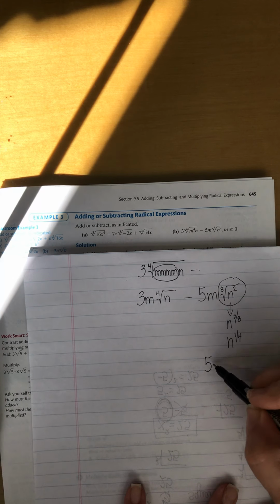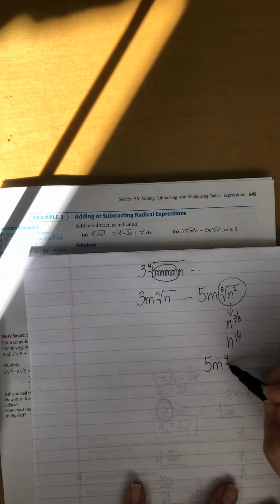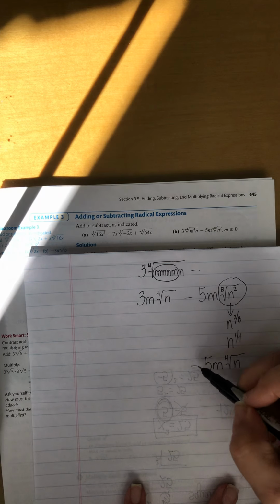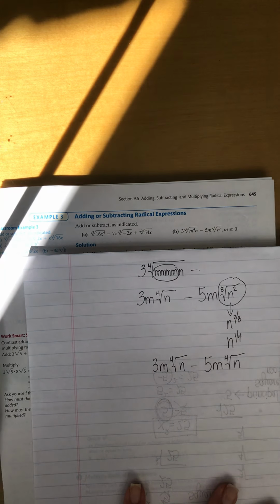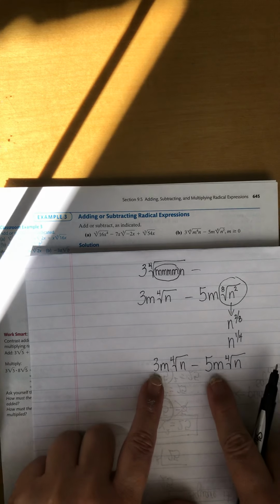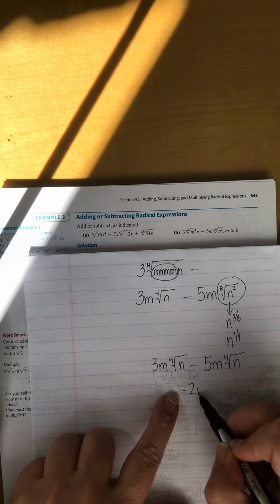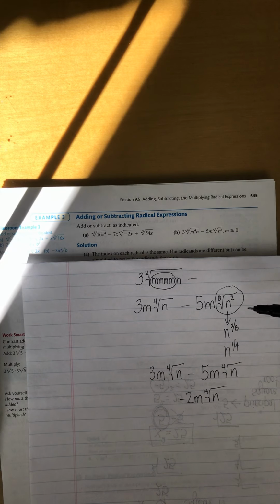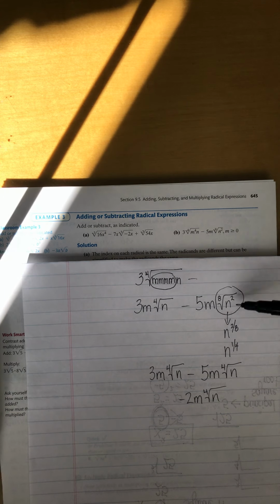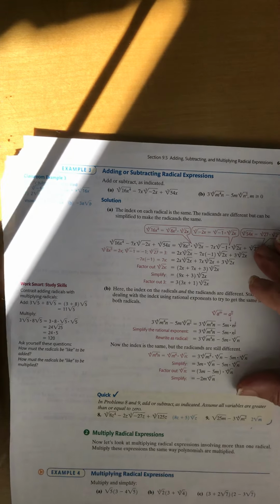So we have 5m, fourth root of n, and now I can simplify these two. You get negative 2m, fourth root of n. So if you turn this into a radical, 2 over 8, you can reduce it to 1/4. So that's another thing that we need to talk about more of in class. Okay, so we're going to leave those.